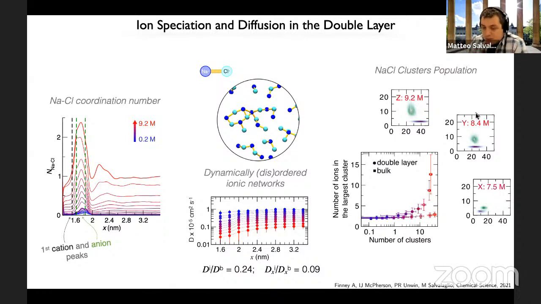What's interesting about this set of data is that as we move from low concentration to high concentration, of course, the number of clusters increases, but we have a significant departure of what happens in the double layer in terms of the size of the largest cluster. So basically, in the double layer, the size of the largest cluster observed departs from what you would observe in the bulk of a liquid phase. And this is interesting because it's suggesting that the interface is actually catalyzing the formation of large connected structures that may be precursors for a crystal phase.